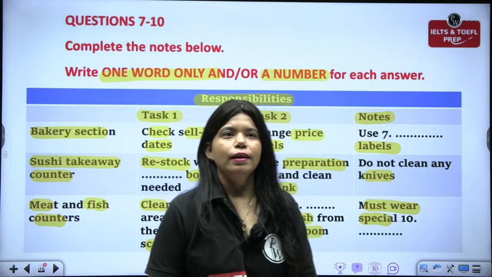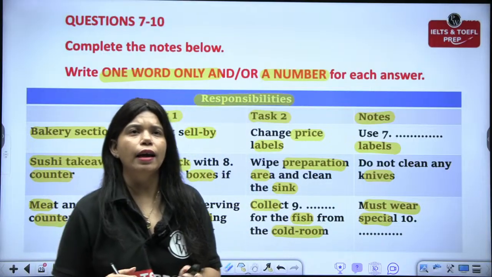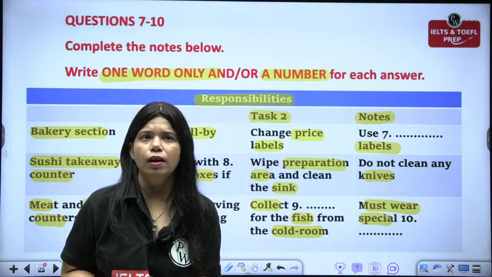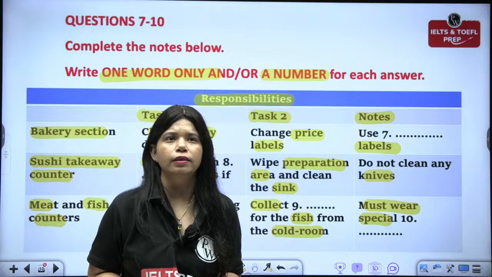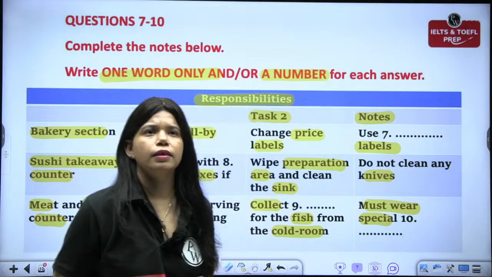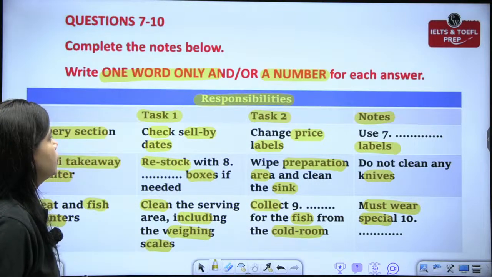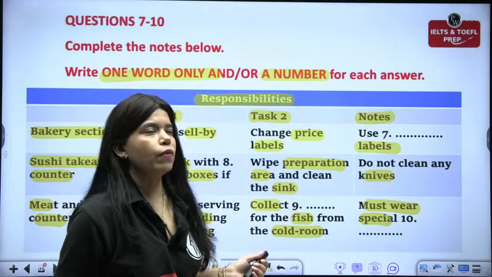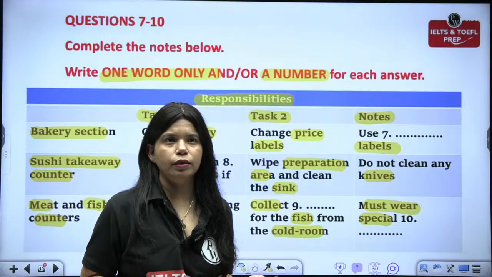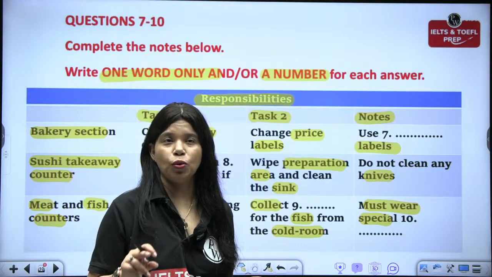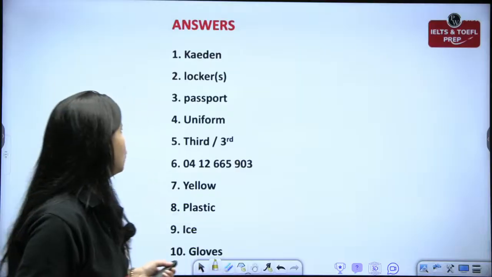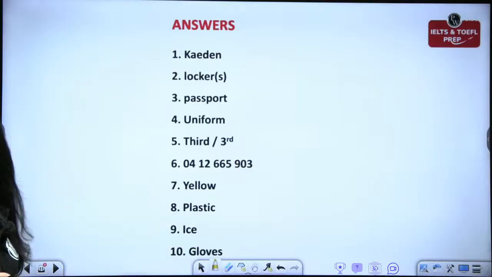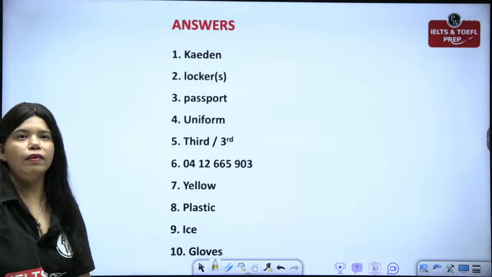Do you want to see the answers quickly and check how many did you get right out of 10? Do you want me to show you the answers? Okay, fine. Let me show you the answers quickly and then you tell me your score out of 10. Here you go. These are your answers. Tell me how many did you get right out of 10, everybody?